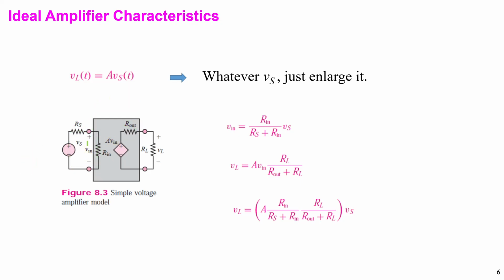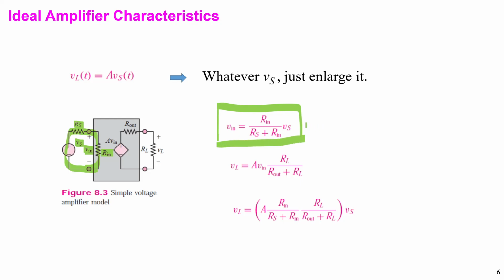With KVL or voltage divider, we can get the relation between V in and Vs. So V in will be Rin divided by Rs plus Rin.